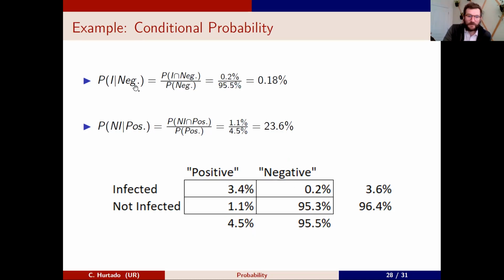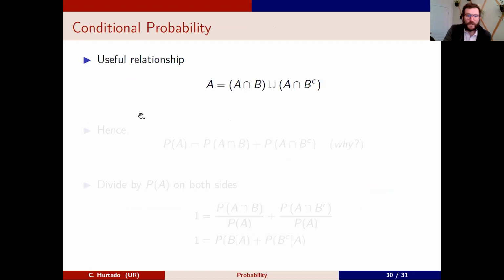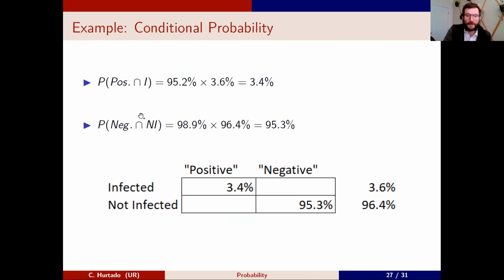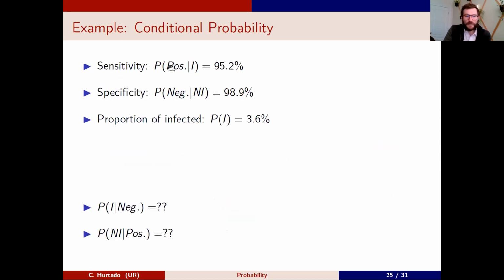So let's say I want to figure out, for instance, the probability of infected given negative, or I want to figure out the probability of not infected given positive, right? So with the formulas of conditional probability, we know that this is the probability of infected and negative over the probability of negative.